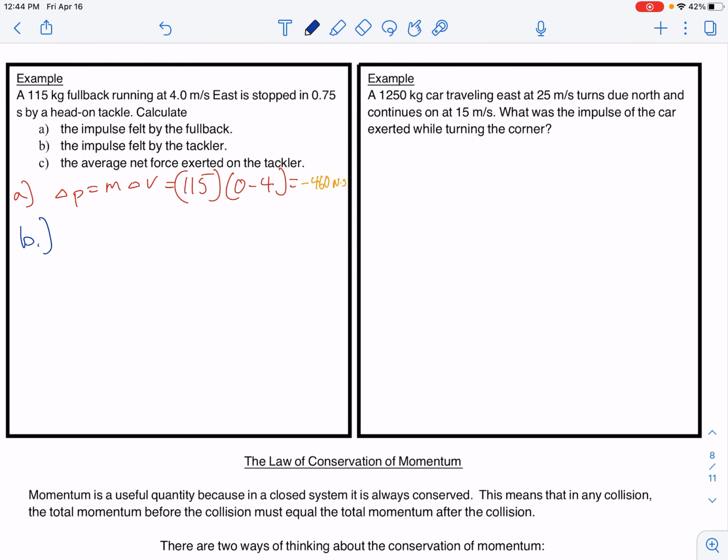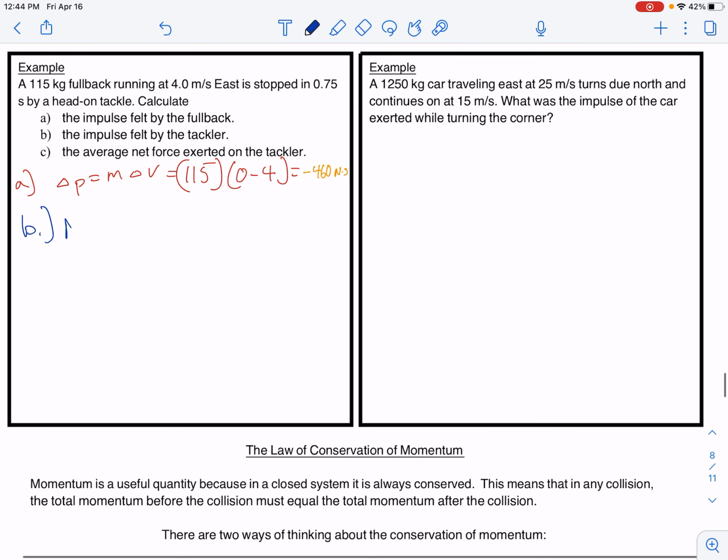How about the tackler? What's their change in momentum? Now, here's the thing. We know that according to Newton's third law, every action has an equal and opposite reaction, right? So our change in momentum is actually going to be the same, but it's going to be opposite.